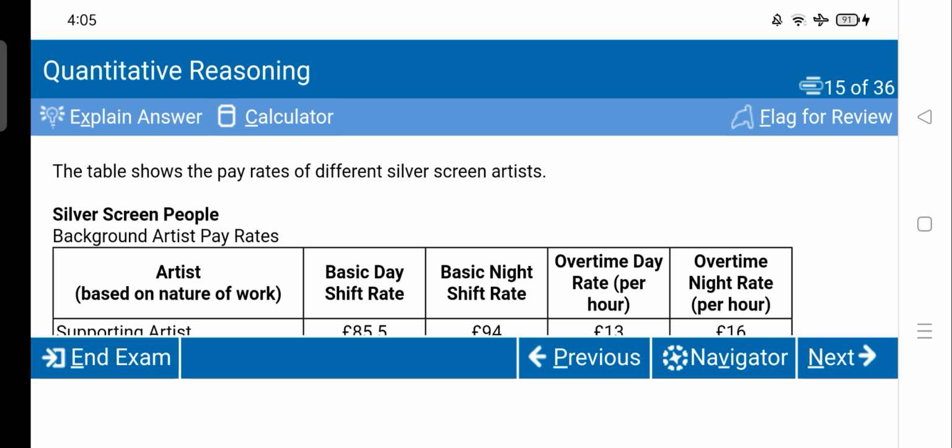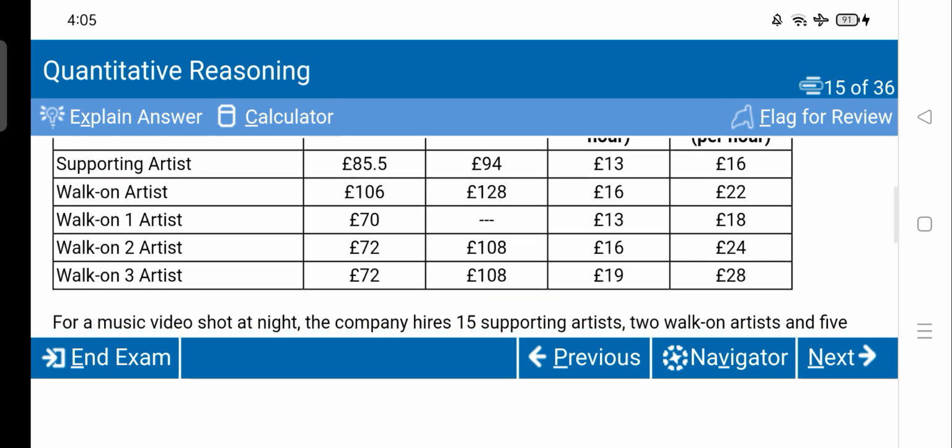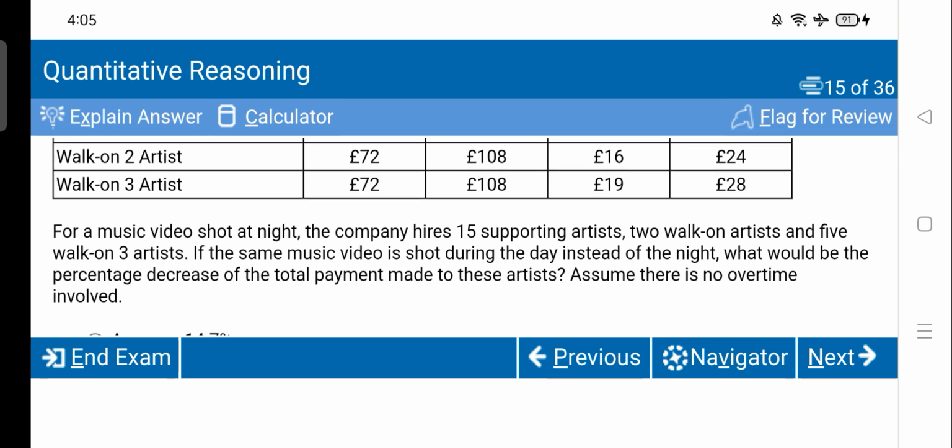And again we have the same statement with the same table. The question is that for a music video shot at night, the company hires 15 supporting artists, 2 walk-on artists, and 5 walk-on 3 artists.